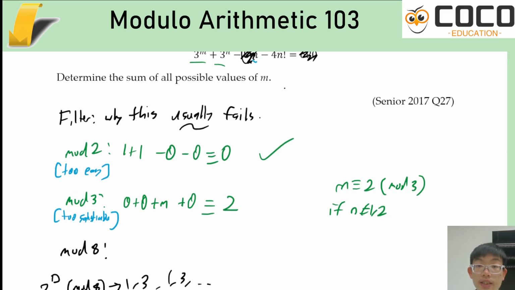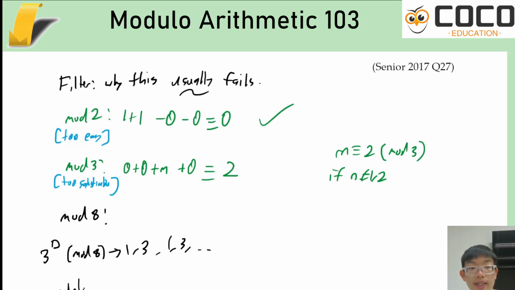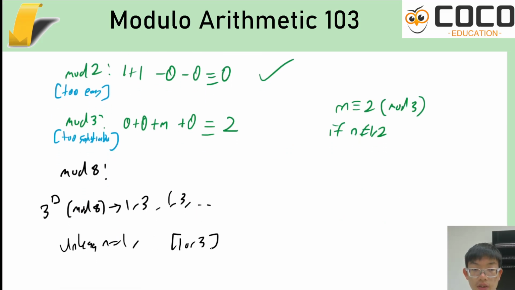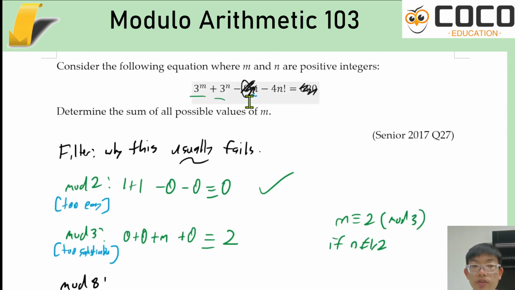So essentially, 4n factorial is also going to be 0 mod 8 unless n is 1. So unless n equals 1, my equation is going to go 1 or 3, 1 or 3, and then 0, 0, 0. 0, 0, 0, that's not going to happen, right? Mod 8.